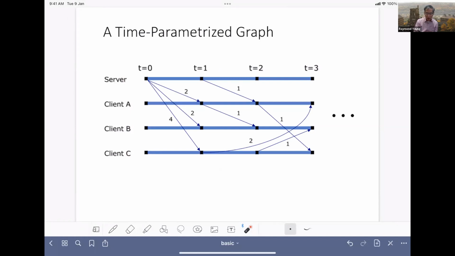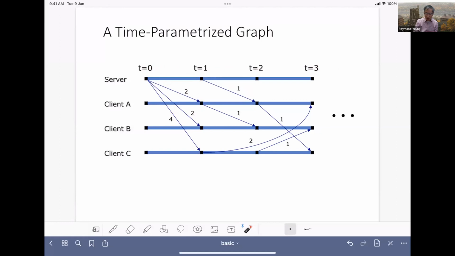In this case, the server sends 2 blocks of symbols to client A and it takes one time slot. In this time parameterized graph, the x-axis is the time axis: t equals 0, t equals 1, t equals 2, t equals 3. This is the server at t equals 0, the server at t equals 1, and so on. What this edge means is that at time 0, the server sends 2 blocks to client A, and takes 1 time slot for it to be received. It sends 2 blocks to client B and 4 blocks to client C.